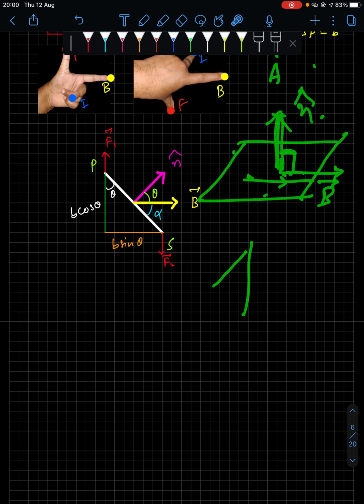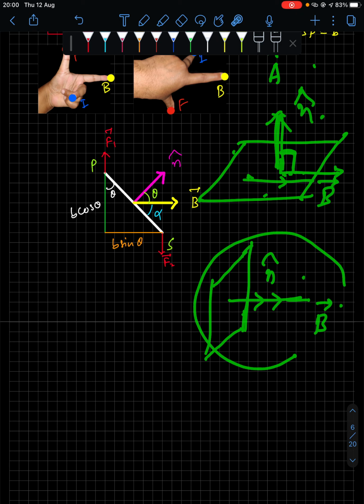We can see a second situation. Say you consider the plane in this manner. Now the plane of this area is lying perpendicular to B, but n cap is lying parallel to B. Once you understand these two things properly, many things will be clear, like the special cases of the relation that we derive.